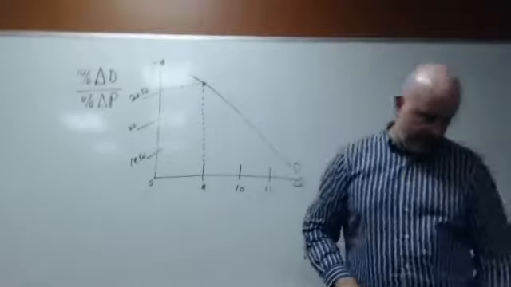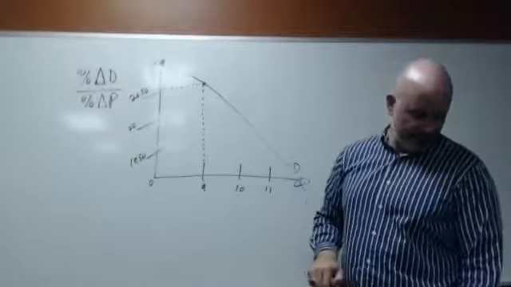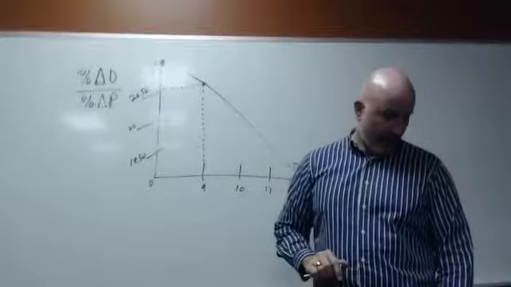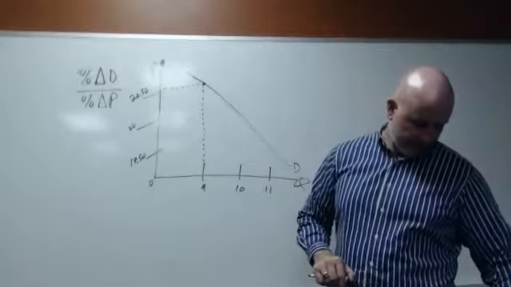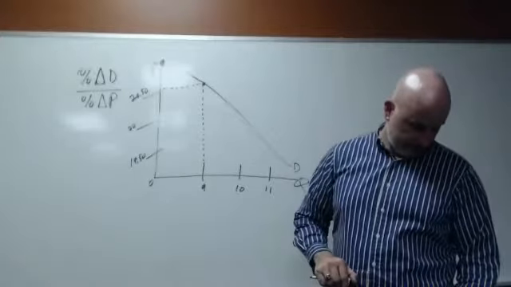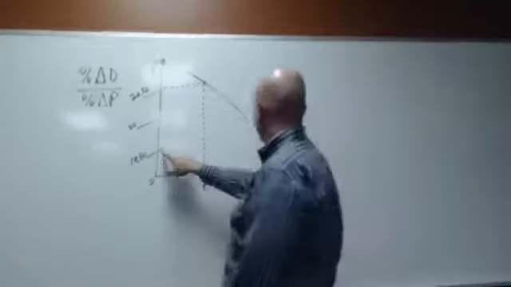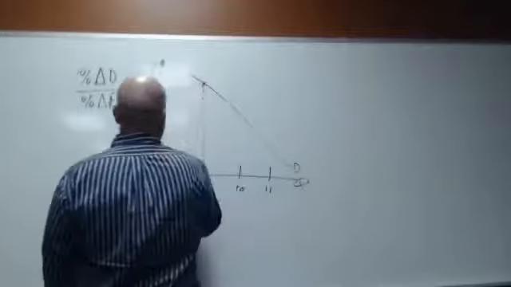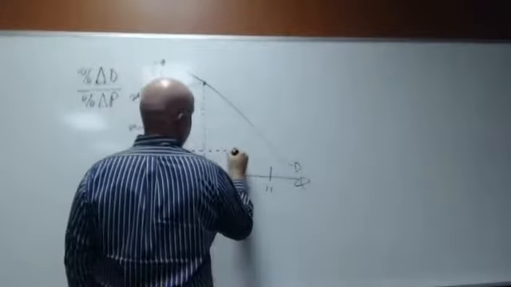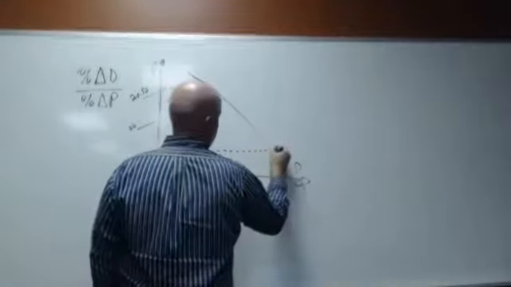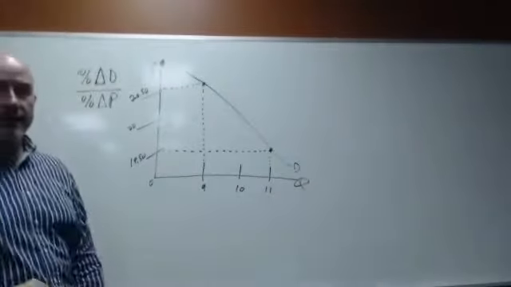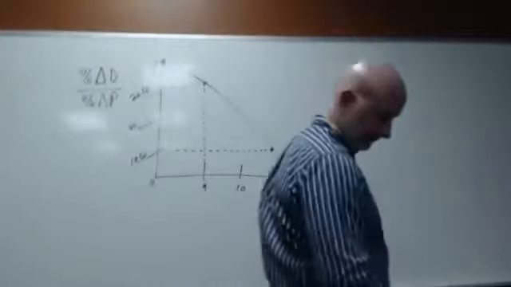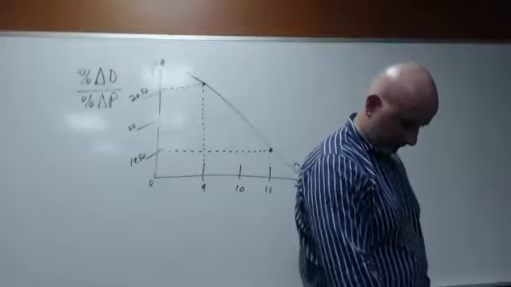Now, if the price of pizza suddenly falls to $19.50 and the quantity demanded increases to what? 11. So at $19.50, 11 pizzas are being demanded.